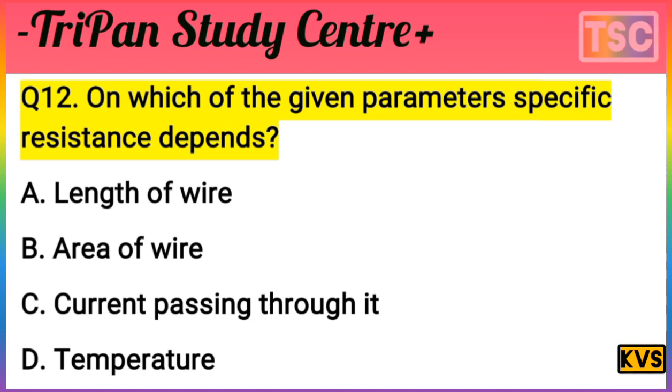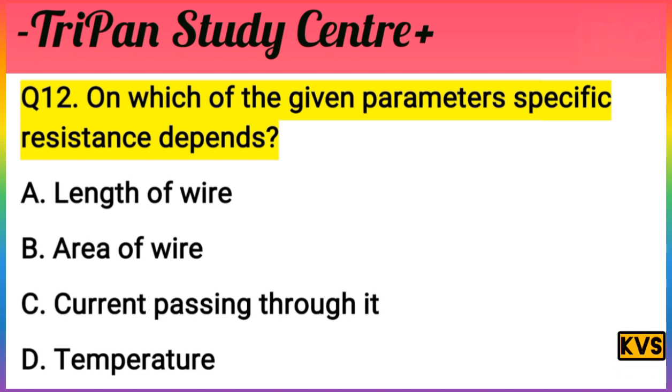Let's see what the answer for this question is. Question is clear: on which of the given parameters does specific resistance depend? A, length of wire. Specific resistance is not dependent on it, so option A is wrong.